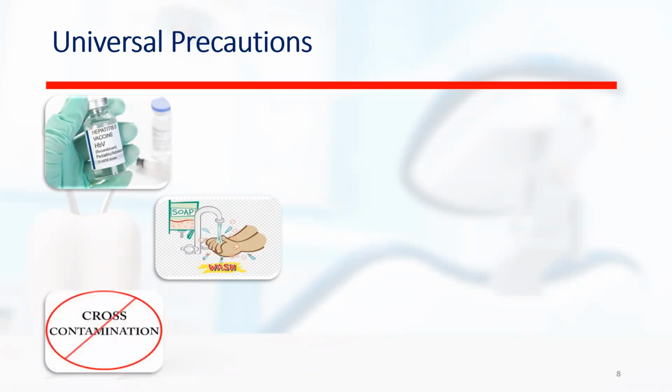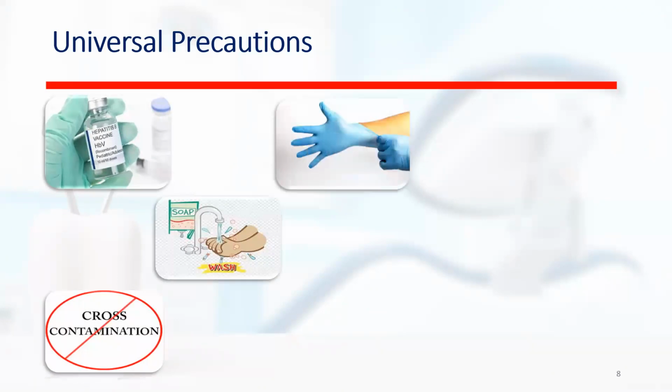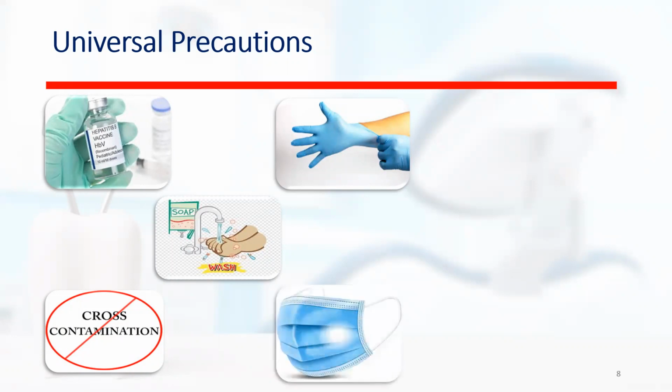Cross contamination can be prevented by avoiding touching items which are not in the field of the operation. Gloves should be changed for each patient. A mask with minimum 95% filtration efficiency for particles 3 to 5 micrometer should be used and should be changed for each patient.